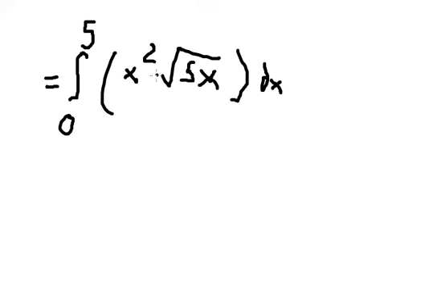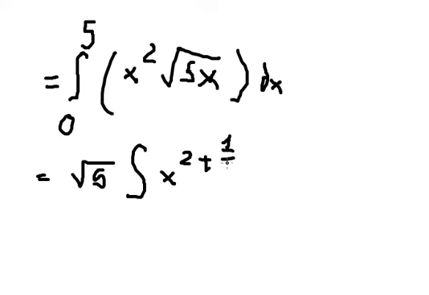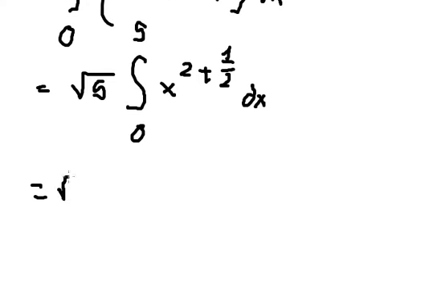Next, this one, we have the square root of number 5, and we have s squared plus 1 over 2. So we have 2 plus 1 over 2, and we have s to the power of 5 over 2.